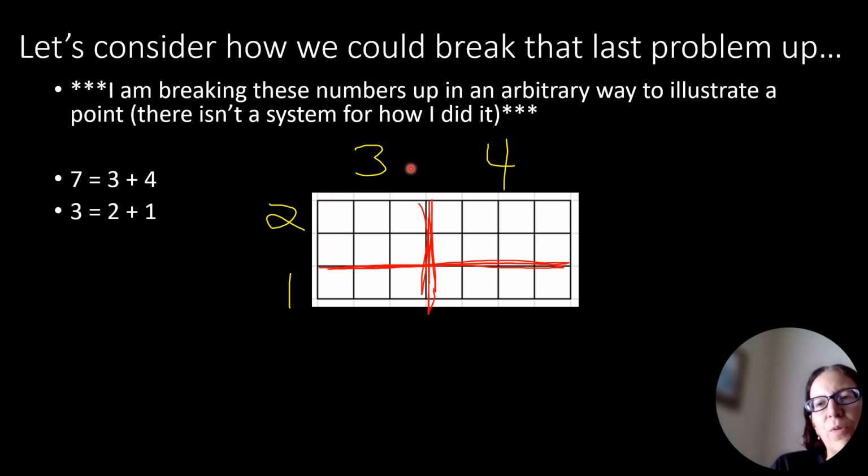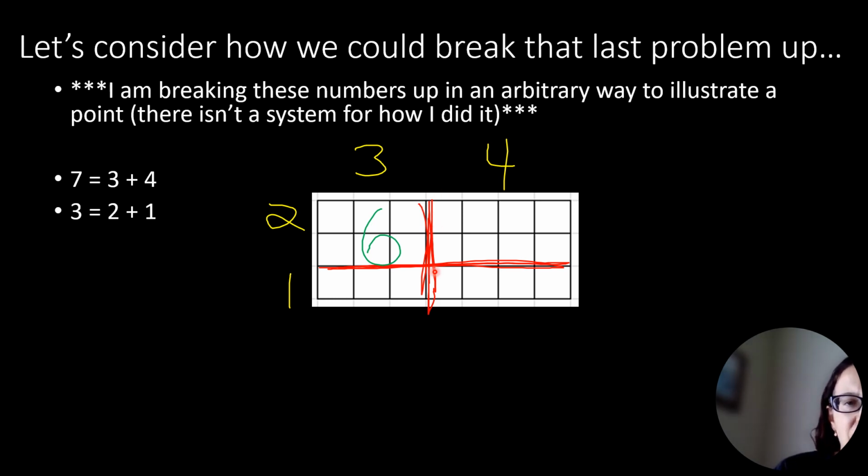Now I want you to watch what happens when I find the area of each of these individual rectangles. This rectangle right here has a height of 2 and a width of 3, so the area of this rectangle is 6.